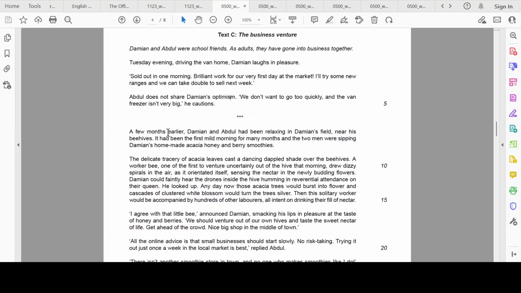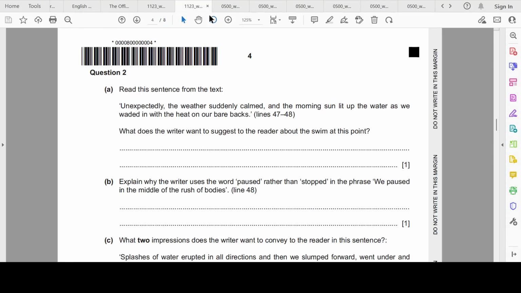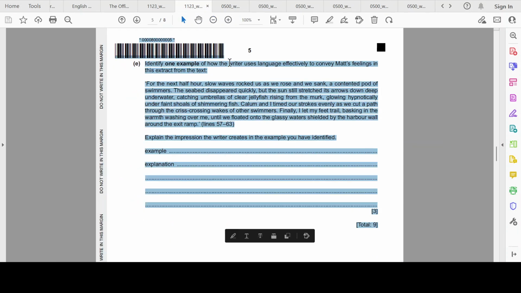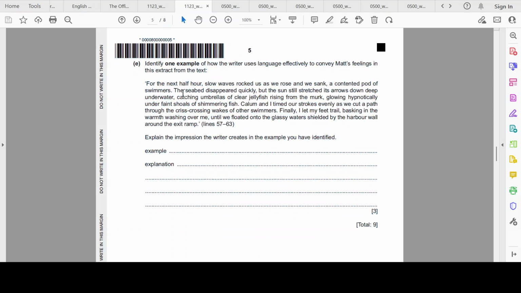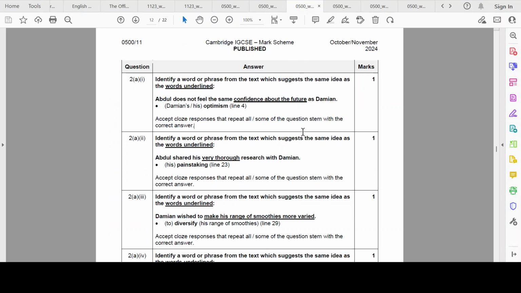Okay, so this is actually helpful for question 2. Zoom out a bit. Identify one example and use your own words, so similar to that example, explanation worth 3 marks. That's what you have over here. The text is not as long, but you probably have more than one option to choose from. So let's see if that's true.